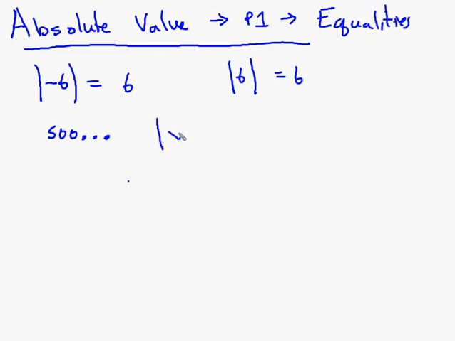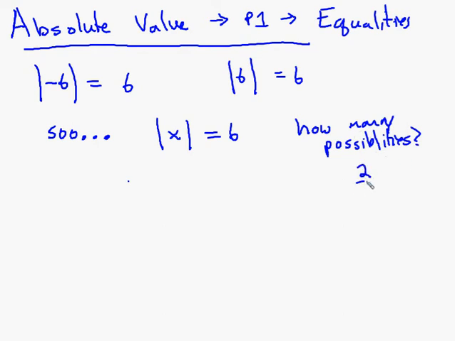If I say the absolute value of x is 6, well then how many possibilities are there? 1. You sure? No, there's 2. Yeah, there's 2 possibilities. Well, what are those possibilities? Well, x could be -6, right? Or x could be +6.